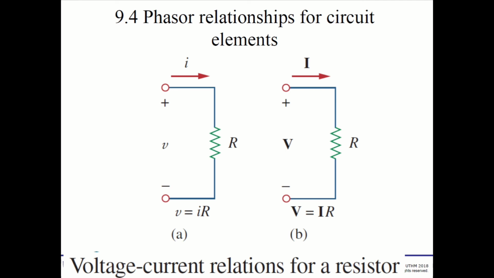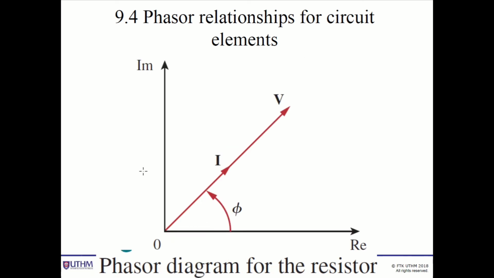If you look at this, there's no difference between the time domain representation and the phasor domain representation, where the equation is the same, which is V equal to IR. This is the phasor diagram of the resistor. If you look at this, V and I, voltage and current, are in the same phase with each other.